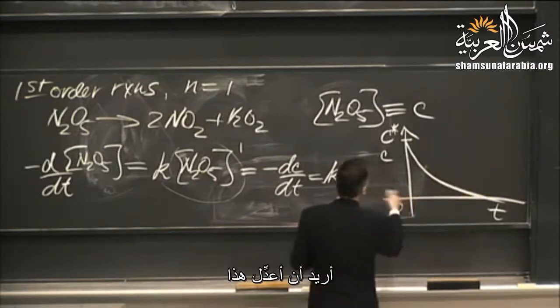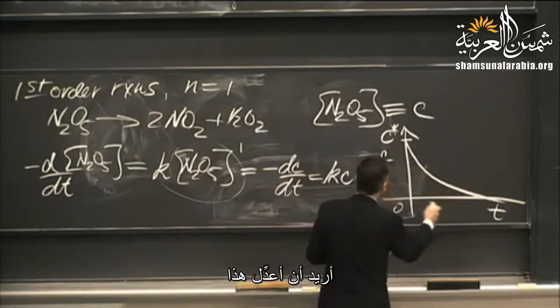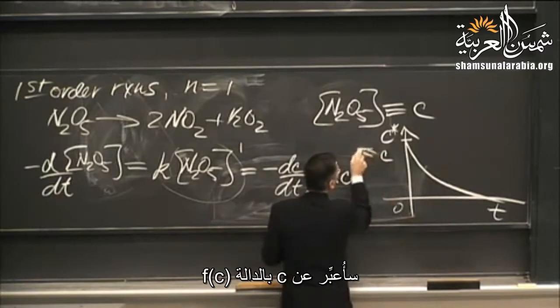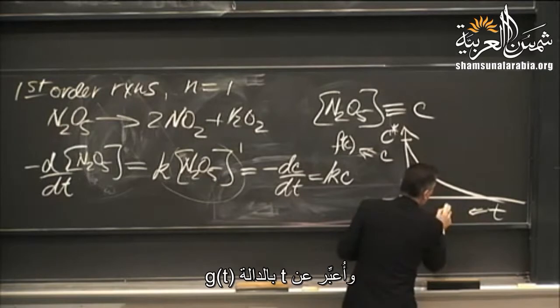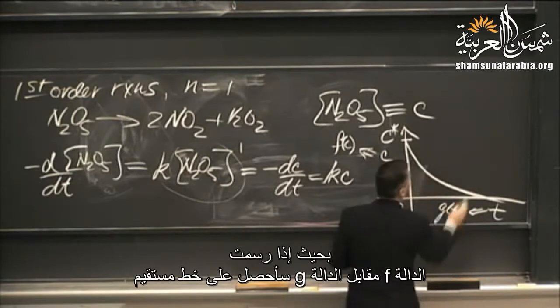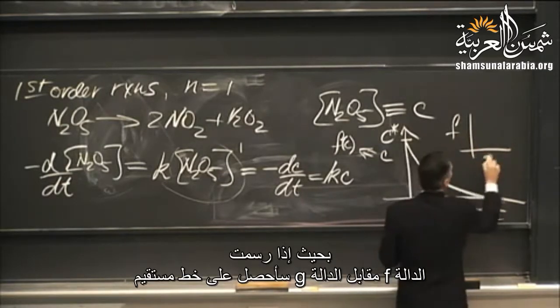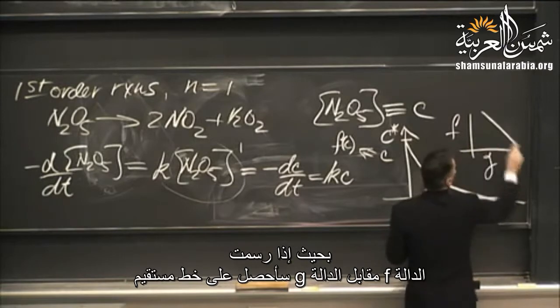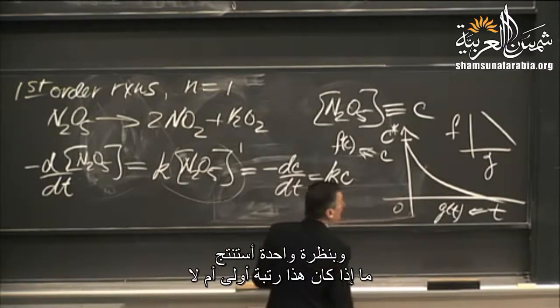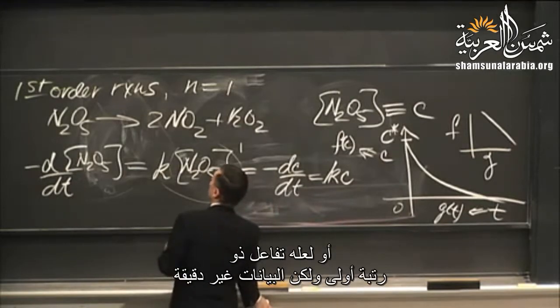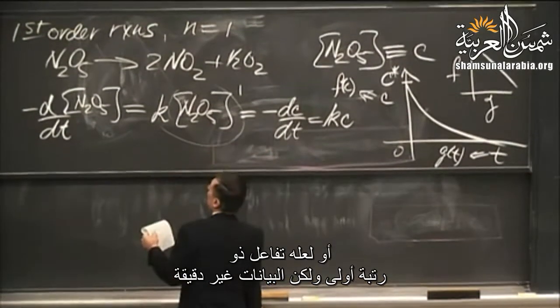So what I want to do is modify this. I want to map c into some f of c, and I want to map t into some g of t, so that if I plot f versus g, I get a straight line. And then I can take one look at that and go, bingo, this is first order or not, or maybe it's first order and the data are very noisy.